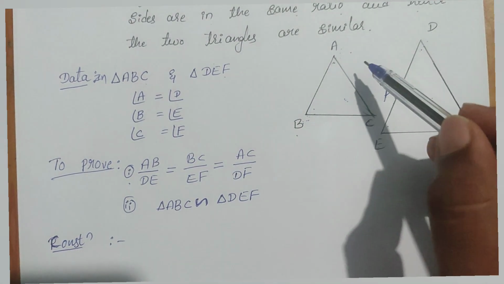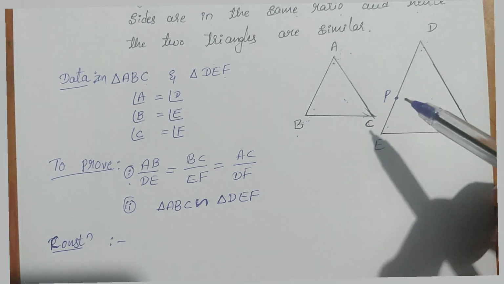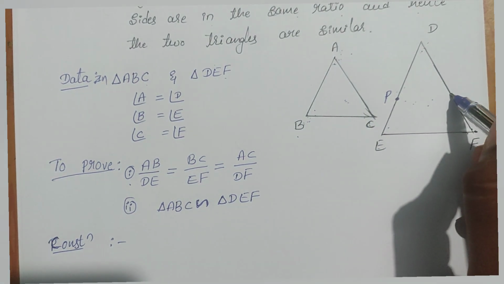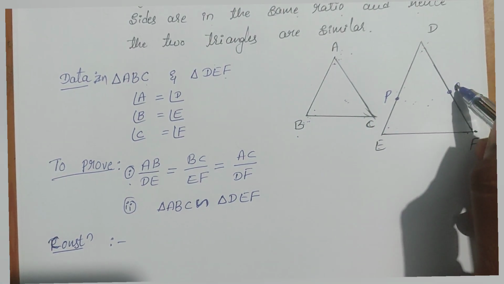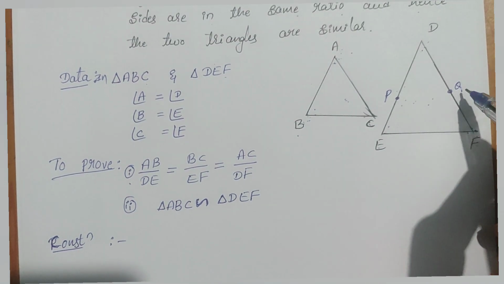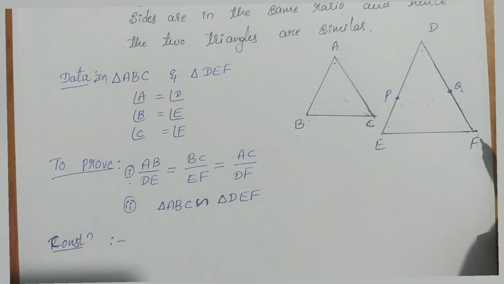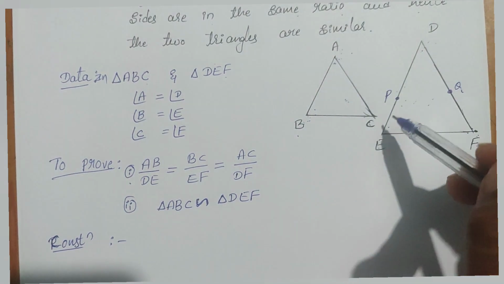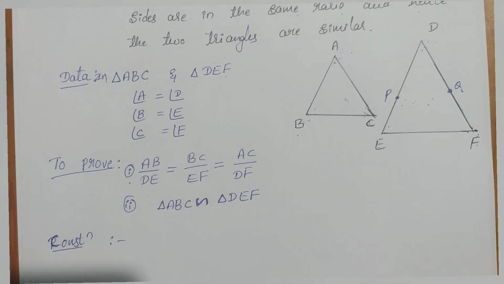In the same way, you have to measure the length of AC. For the same distance, you need to mark a point Q on DF. P on DE and Q on DF. You need to measure AB and AC and mark points P and Q.